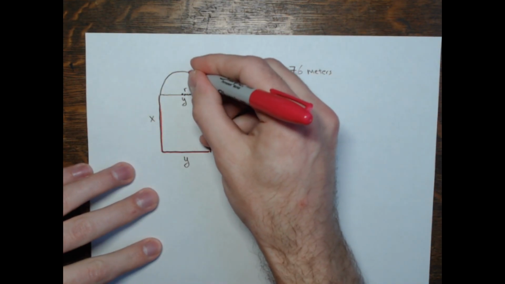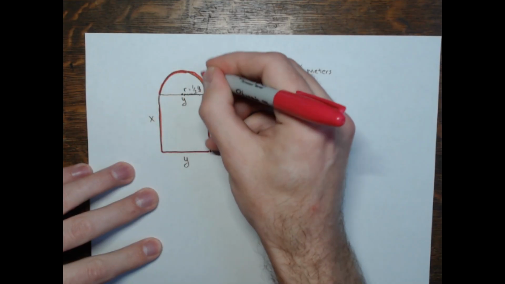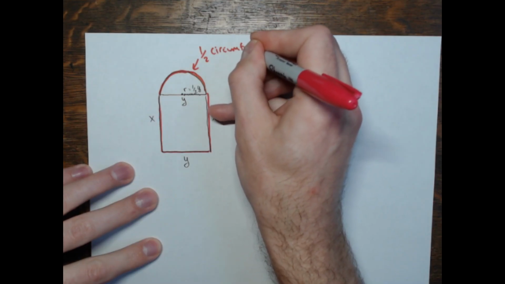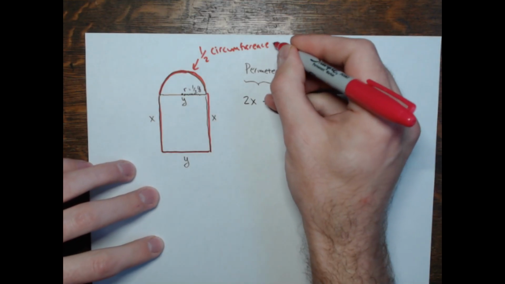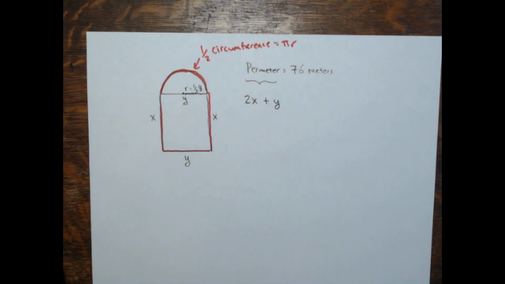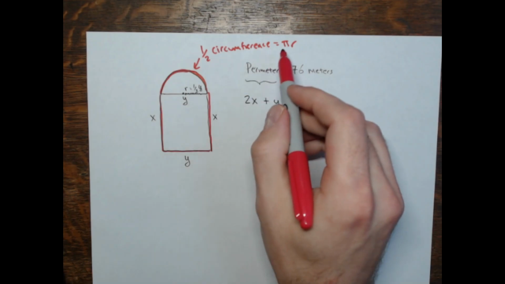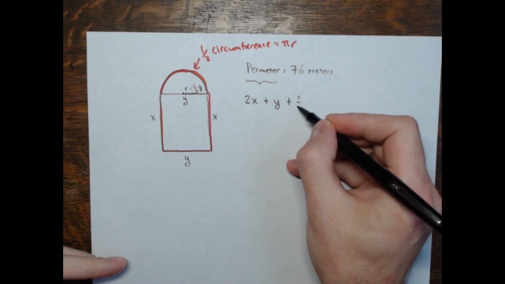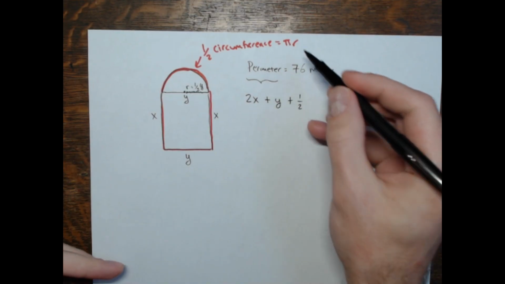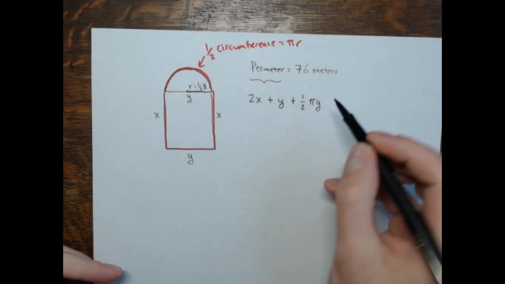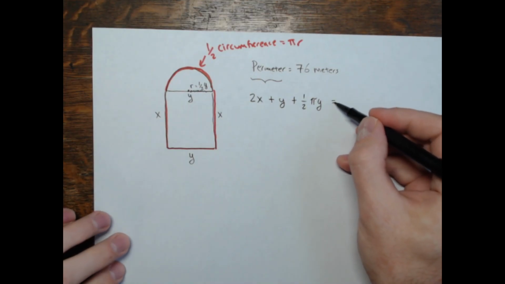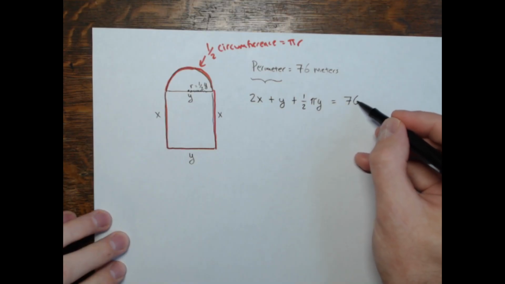And then you've got this half circle, which is half the circumference of a circle. The whole circumference is 2 pi r, so half of it would just be pi r, and r is half y. So plus half pi y, pi times half y. And this needs to be equal to 76.